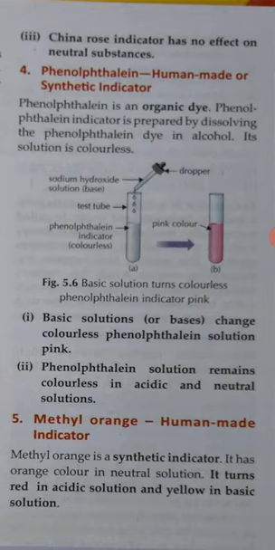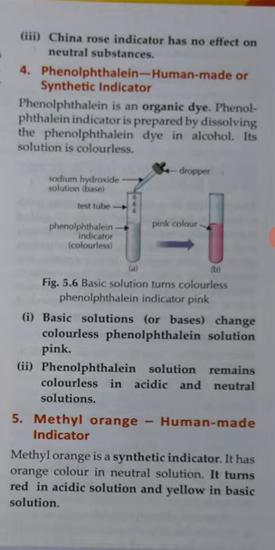Now this phenolphthalein indicator, in basic solution it turns pink in color, but in acidic solution and in neutral solution there will be no change in color. Suppose we take a solution, and we want to know whether that solution is basic, acidic or neutral. Put phenolphthalein in that solution.